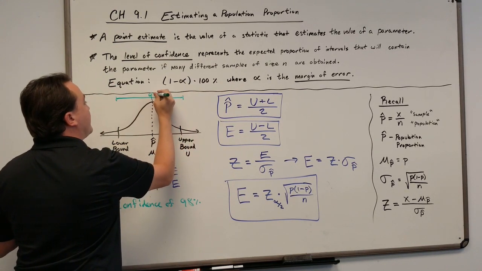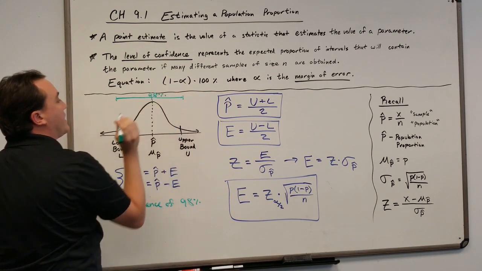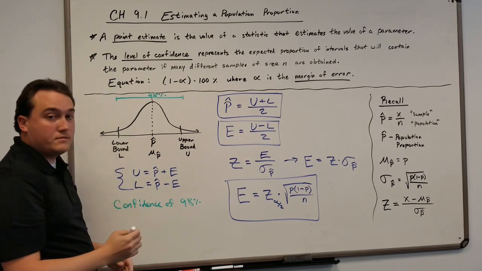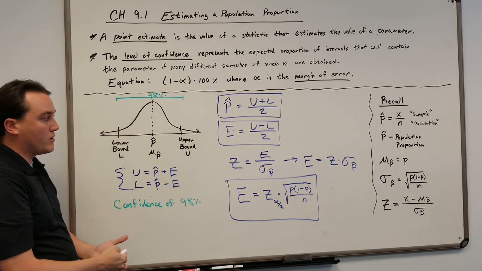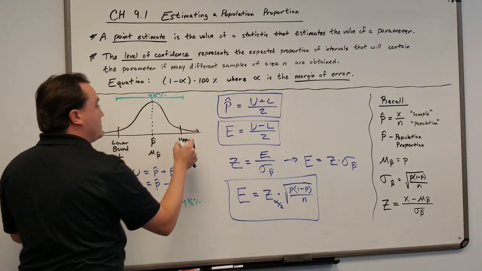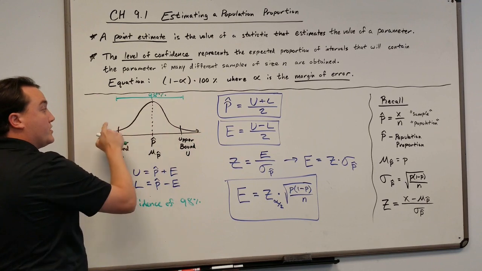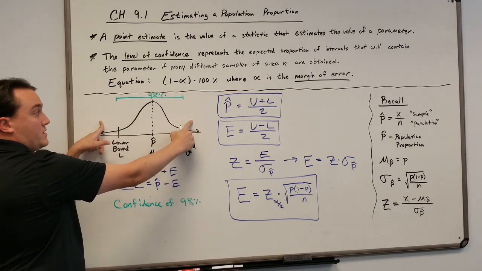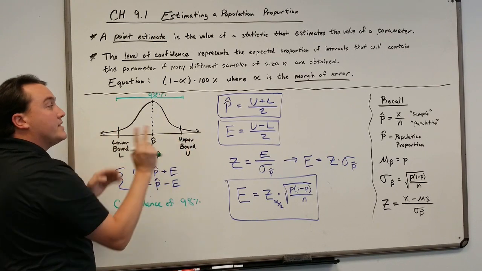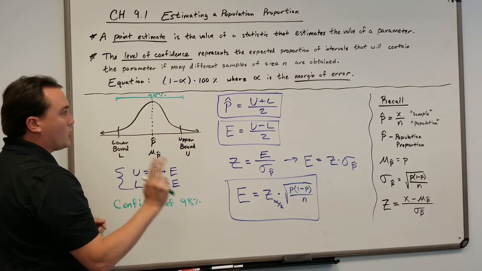So that's 98% of the data, right? So that means alpha, or our allowed error, is going to be out here, okay? Our margin of error, alpha. So 1 plus 1 is 2%, okay? So if your confidence interval is 98%, that means you have a 2% margin of error.